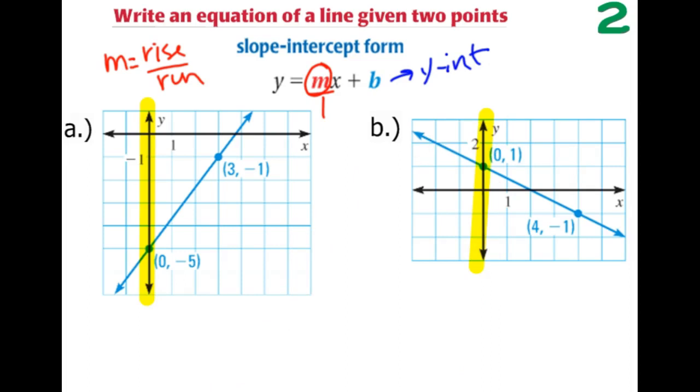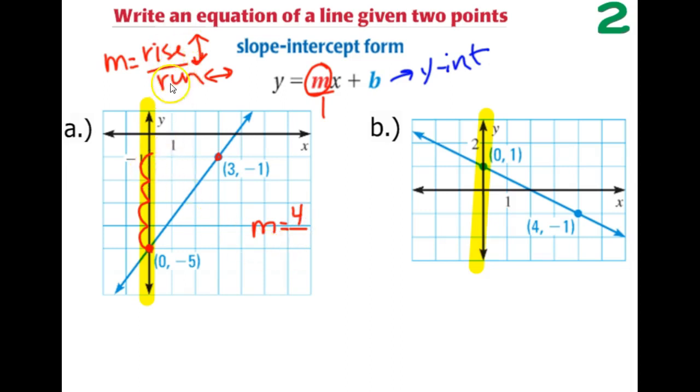First, I'm going to count my slope just by counting, like I said, rise over run, up and down first, and then left to right. I like to start on the left, but it really doesn't matter which point you start at. So rising first, I'm going to rise 1, 2, 3, 4. I'm rising 4.